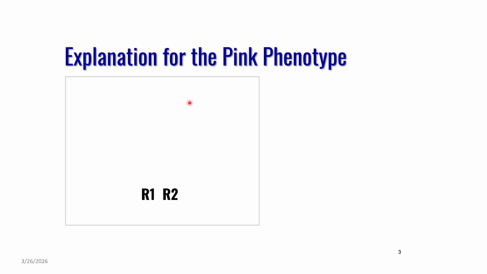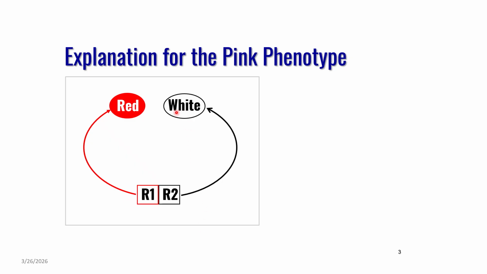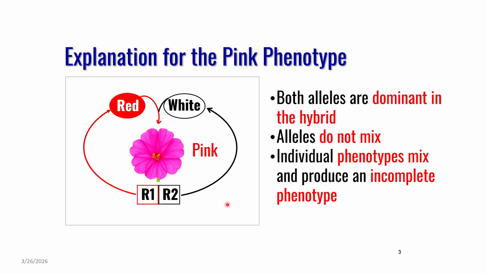So I will explain here the pink phenotype of the monohybrid. In monohybrid, R1 produces red pigment, R2 produces white pigment, and these individual phenotypes mix and produce pink phenotype, which is intermediate color or incomplete color.